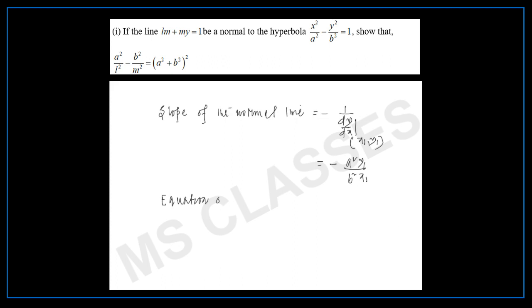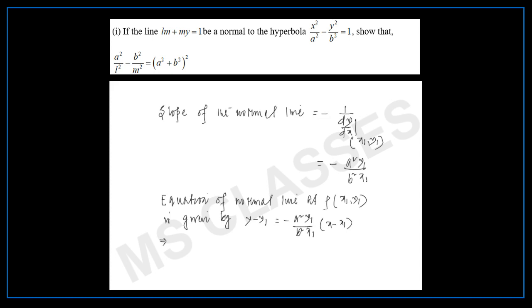Now we find the equation of the normal line which we have drawn. The equation of the normal line at the point of contact P x1, y1 is given by y minus y1 equal to minus a square y1 by b square x1 into x minus x1.